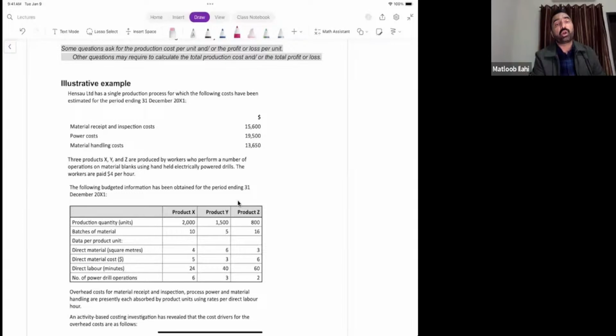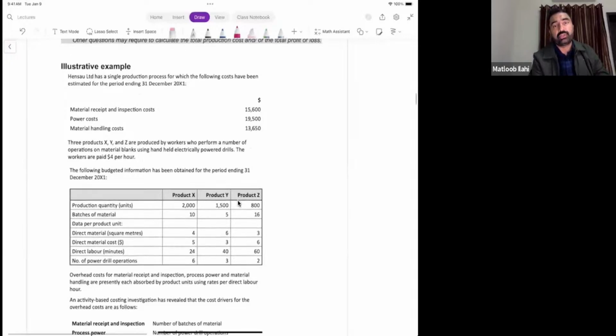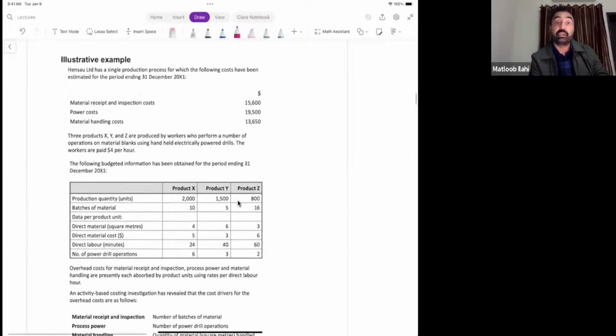Three products X, Y, and Z are produced by workers who perform a number of operations on material blanks using handheld electrically powered drills. The workers are paid $4 per hour. The following budgeted information has been obtained for the period ending 31st December 20x1.